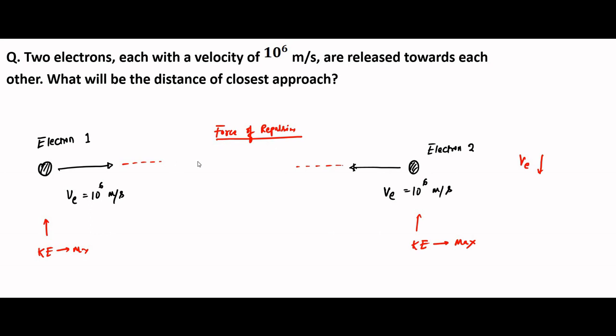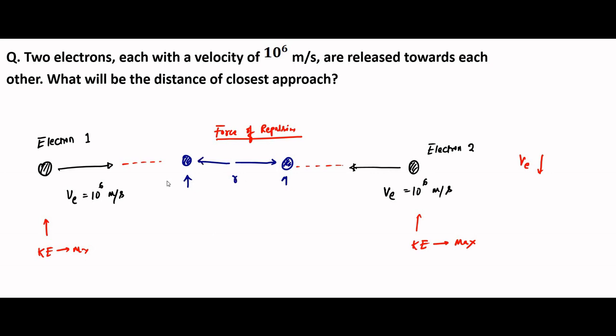Then will come a point where both of them will finally stop, when the force of repulsion will be maximum. Let's say the point where they stop is at a distance r from each other, the separation distance is r.